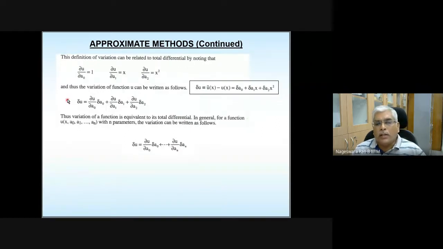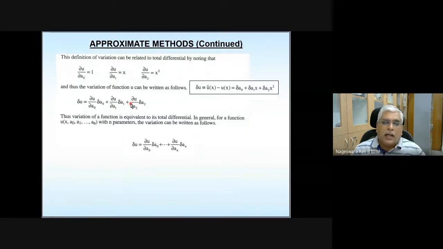And also, I pointed out to you this variation of u can be written in this manner. The idea of rearranging this u is, if I want this variation of u to be 0, the only way the variation of u can be 0 is partial derivative of u with respect to the unknown parameter should be independently equal to 0.